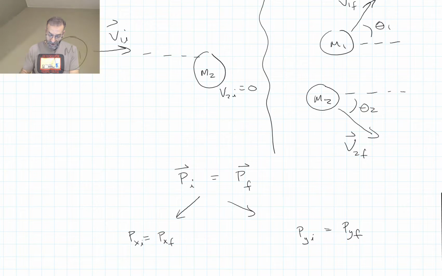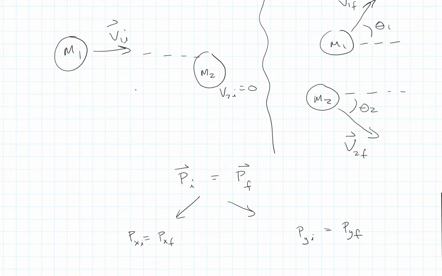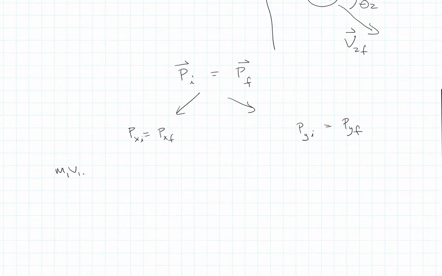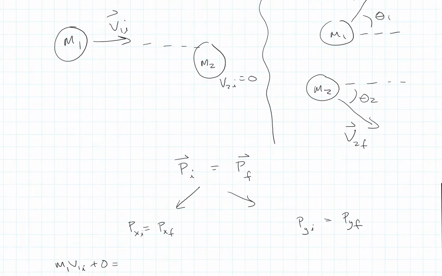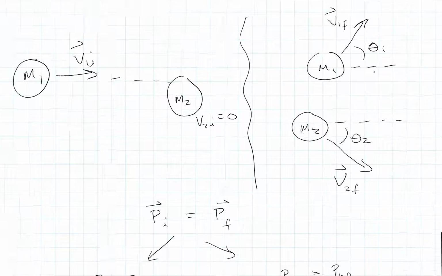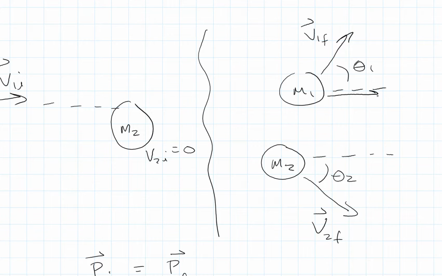So in my example here, all the x momentum is in mass 1 initially. Nothing is in mass 2. And at the end, I have to take the components here.